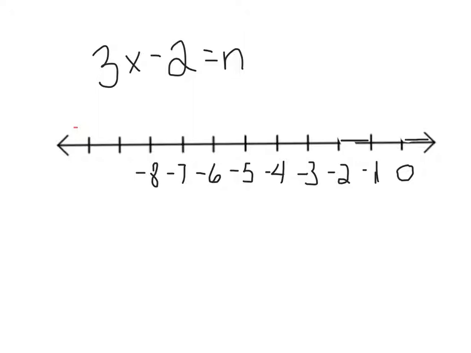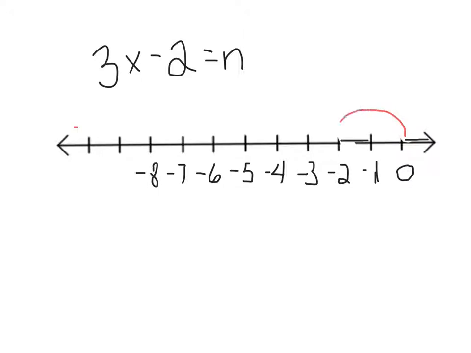So here we have 3 times negative 2 equals n. If we're using repeated addition, we would start here at the 0, and we're going back negative 2 places 3 times.